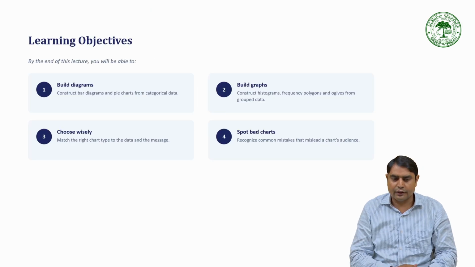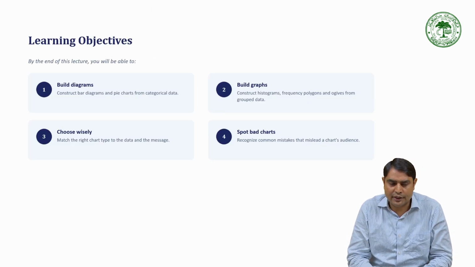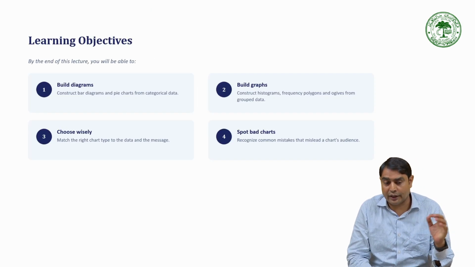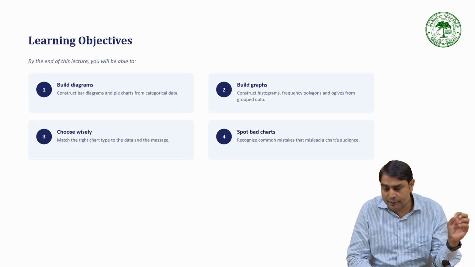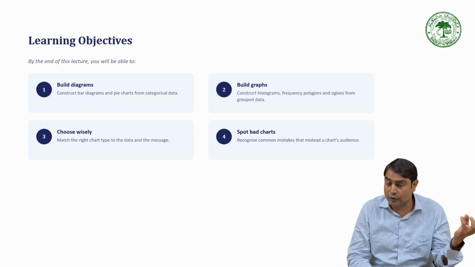So let us start. What are the key learnings from today's lecture? We will be learning how to create diagrams and charts, and how we can differentiate between the different charts and different diagrams. We will learn about graphs, and how to create frequency polygons or ogives for grouped data.